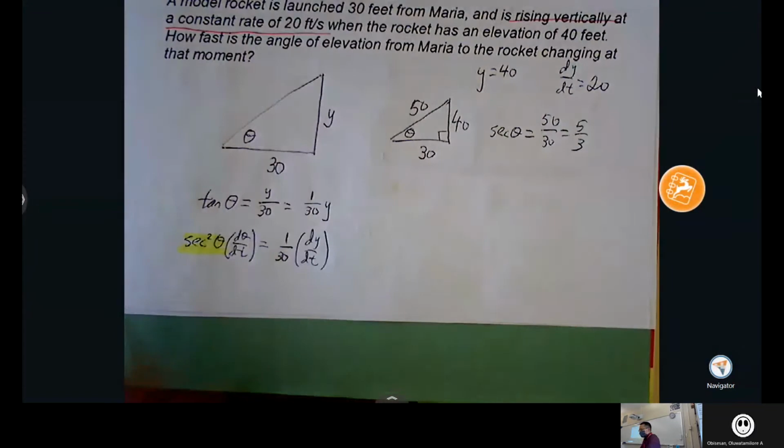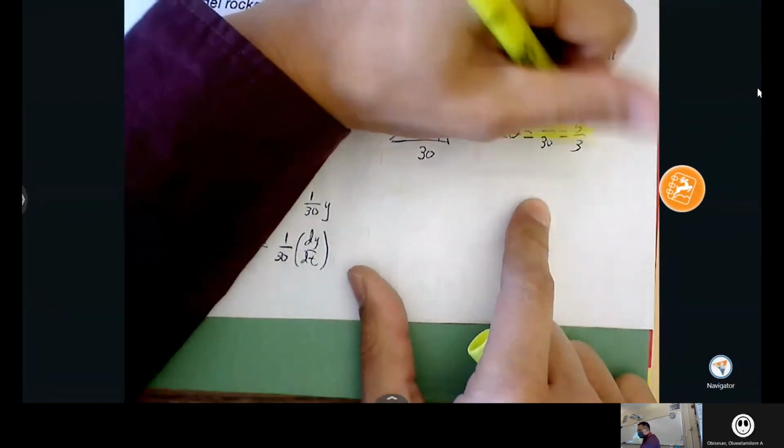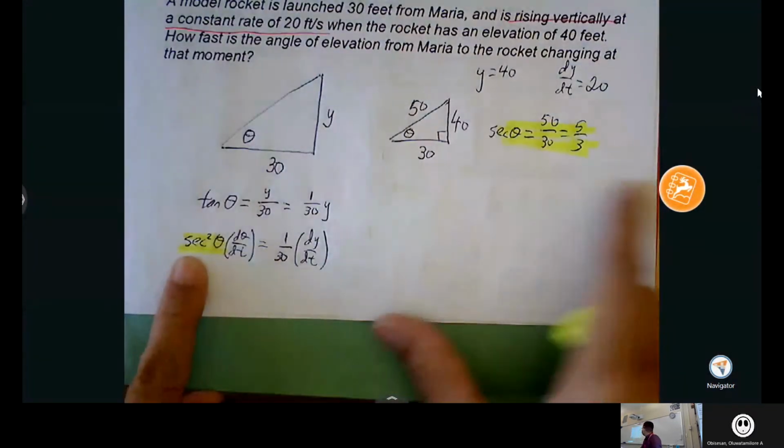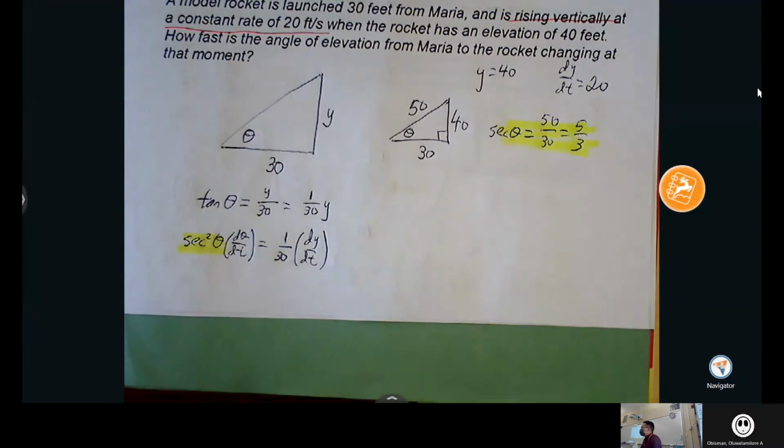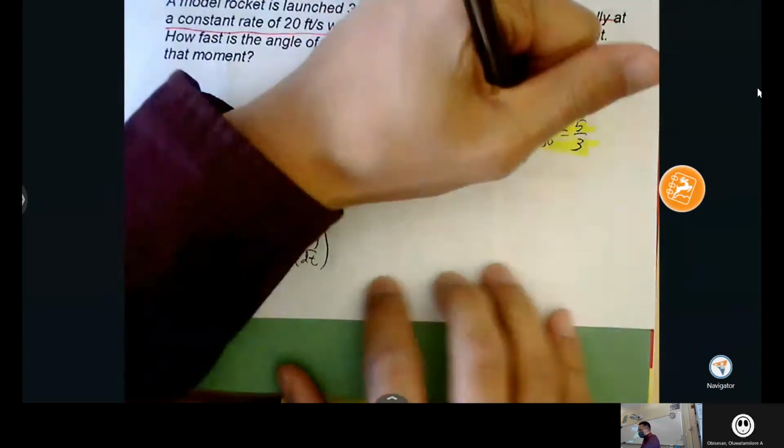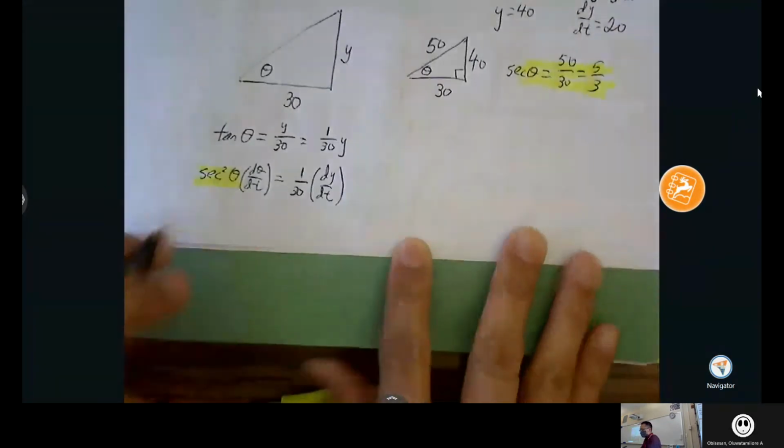Okay, so now we should be in the clear, right? Everything that we need is in front of us now. So we can plug in and solve for d theta dt. We can solve for d theta dt now. Yeah. Just plug everything in, right?